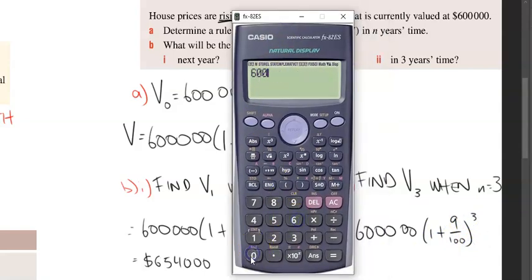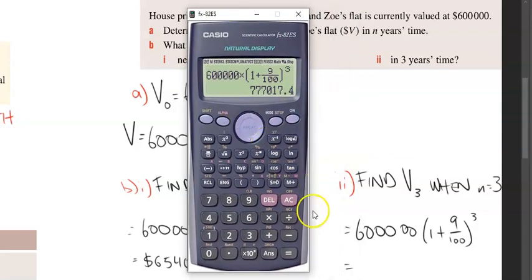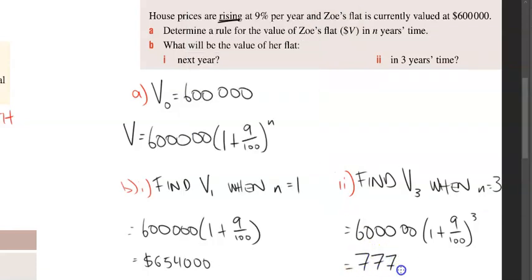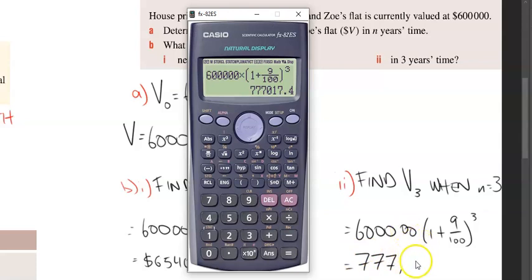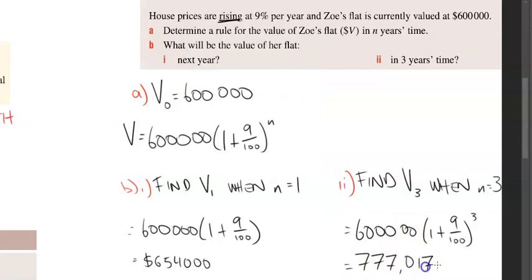So 600,000, 1 plus 9 over 100, close bracket, power button here, 3, SD, $777,017.40.